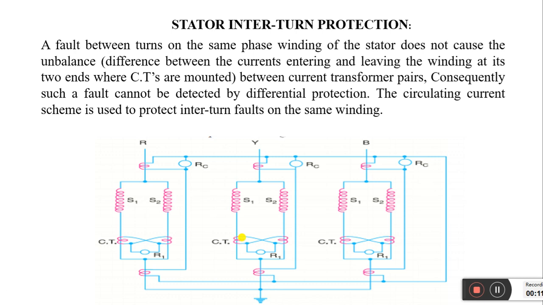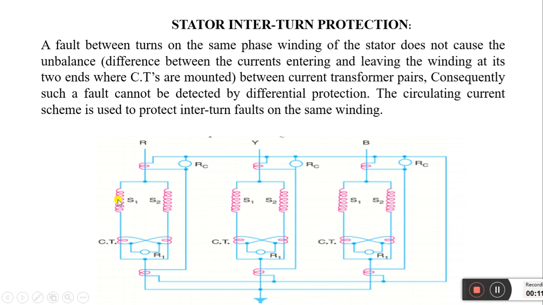So this is what I have discussed, that in normal operating condition, an equal amount of current will be flowing through the stator winding S1 and S2, and there will not be any difference in the current. So the same current will be flowing through the secondary of the CT also, and there will not be any current flowing through the relay R1.